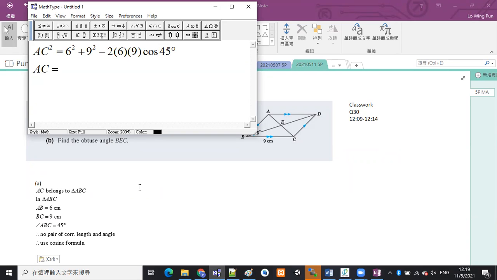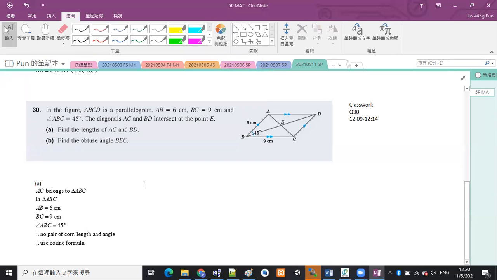Part A. I think it should be 6.37 something. Okay, but this is the answer. So we need to correct to 3SF. Therefore, AC will be equal to 6.37 cm, 3 significant figures. Okay.